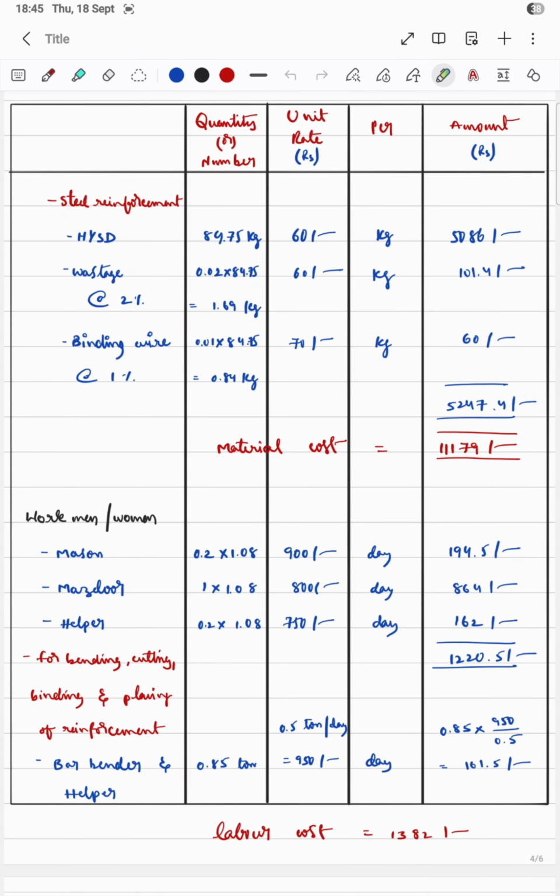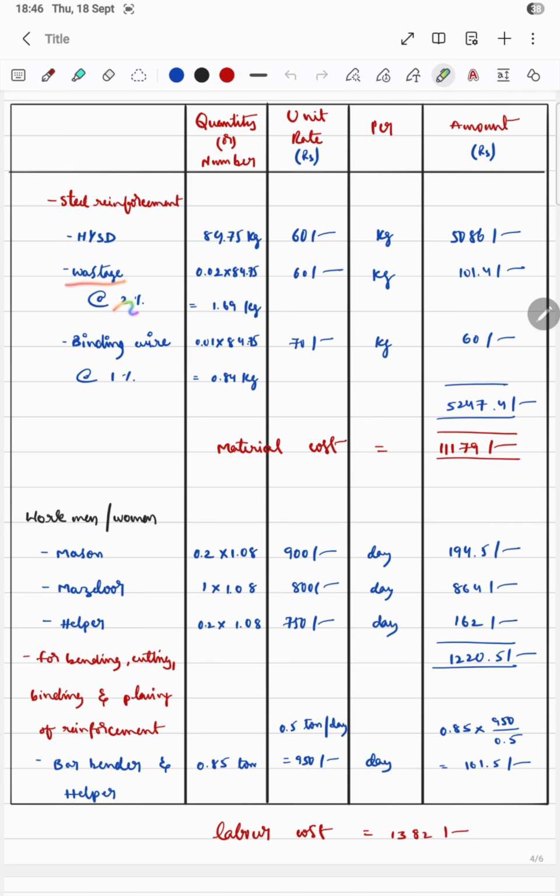Next we are going to calculate for steel reinforcement. Here HYSD steel bars are used. We require 84.75 kgs, at 60 rupees per kg. The total is 60 into 84.75, which gives 5086.